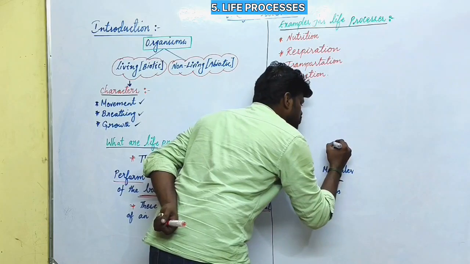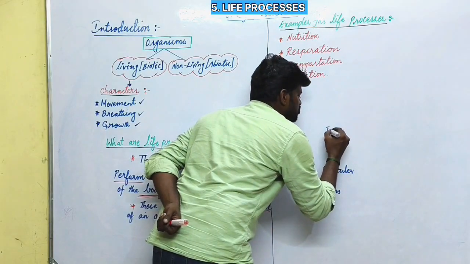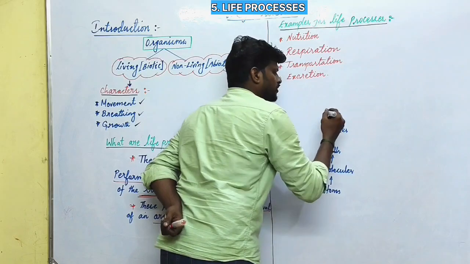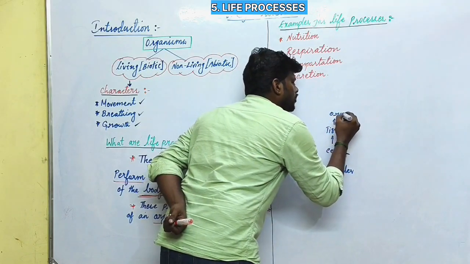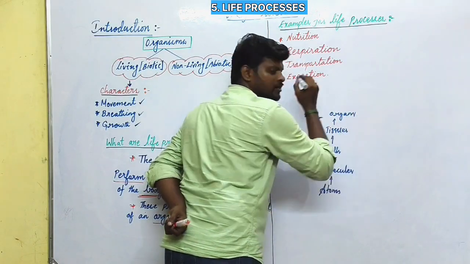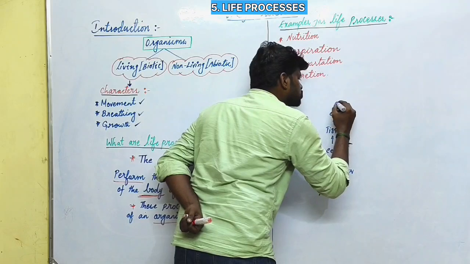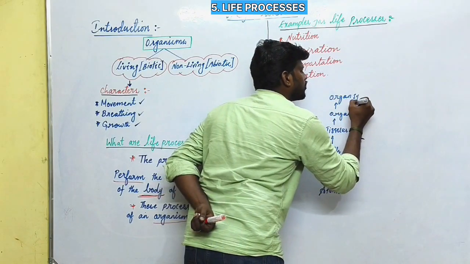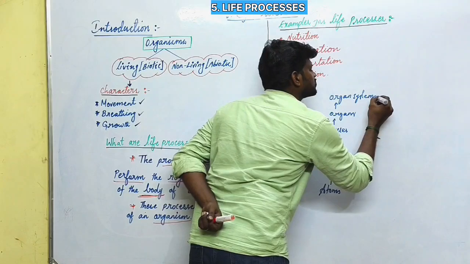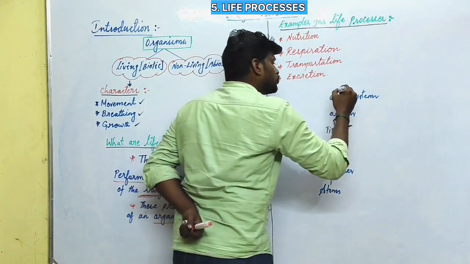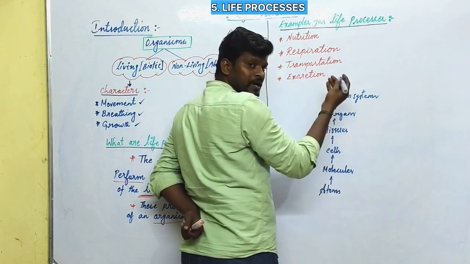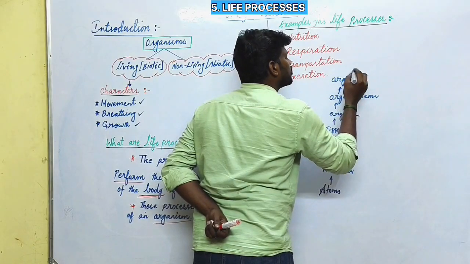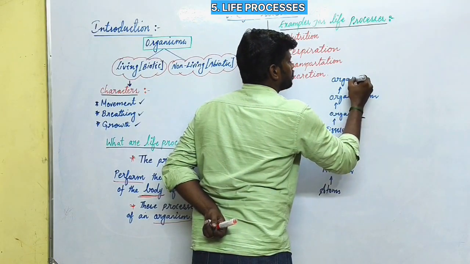A group of cells together forms tissues. A group of tissues together forms organs. A group of organs together forms organ systems. And a group of organ systems together forms the entire body of an organism.